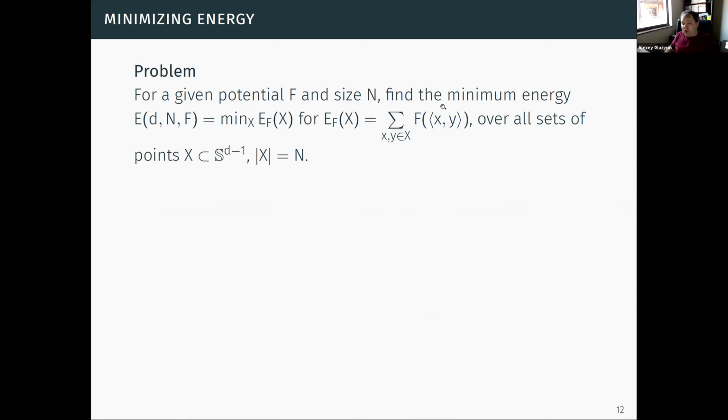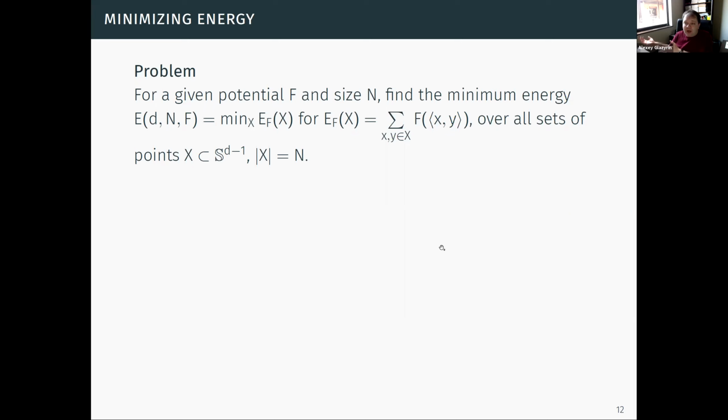For a set, you can define the total energy associated with this potential function by just summing up the values of f at all pairwise scalar products. The main goal for us is to minimize this energy of a configuration. So we're interested in the minimal energy in dimension d for n points for a potential f.